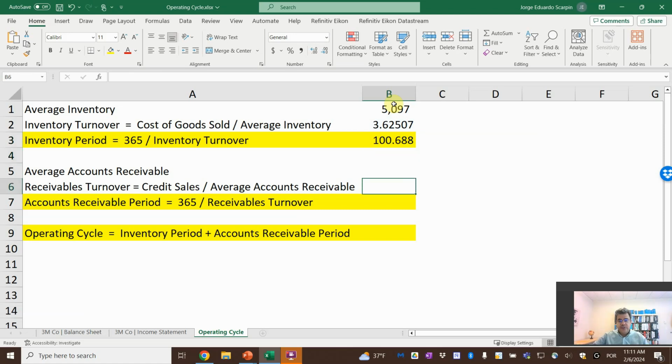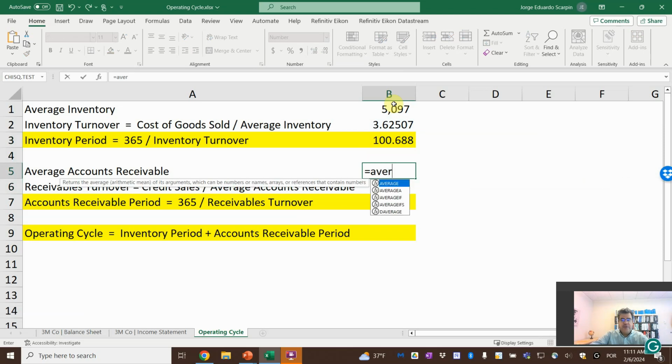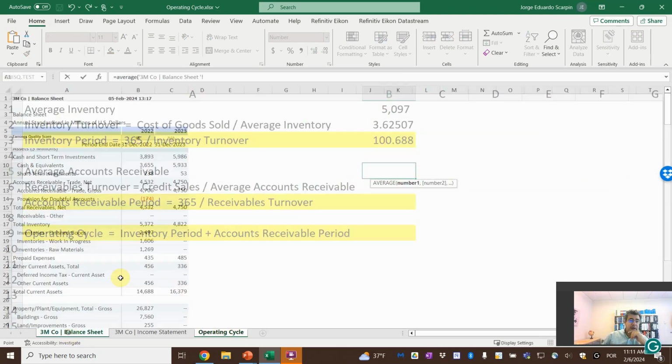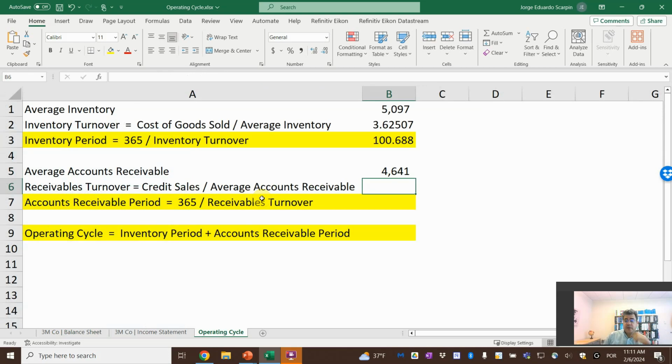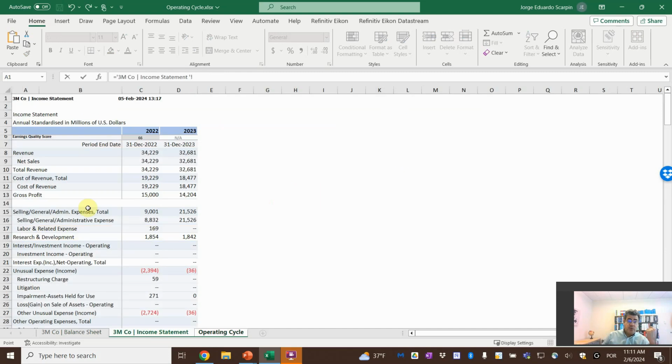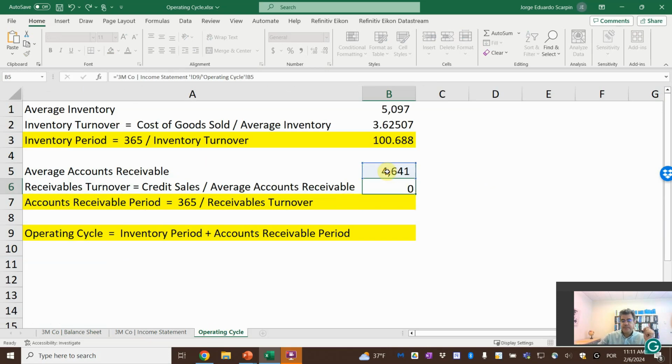For the accounts receivable, the average of accounts receivable. So average accounts receivable, where are you? Accounts receivable, trade net, that is what we usually get. $4,600. Receivable turnover, credit sales. We don't have it, so we get the net sales divided by the average.